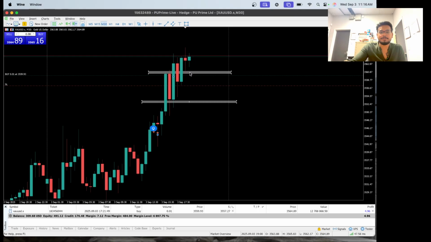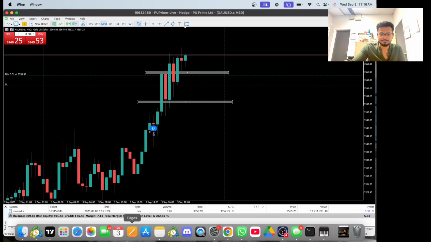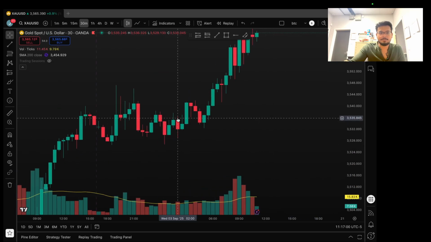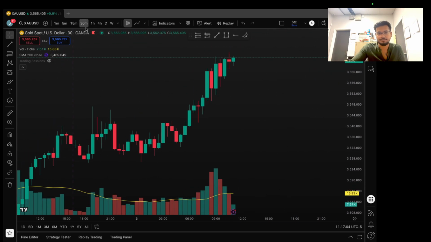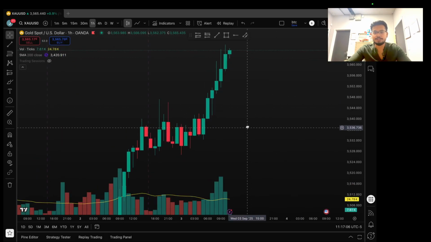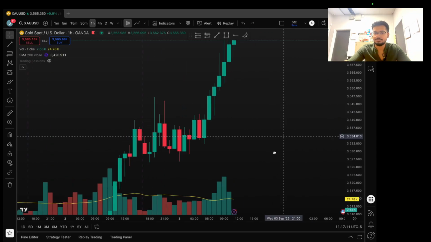Coming back to support and resistance, this here was our previous resistance, and this is where I entered. When it broke this, I entered, and I'm still inside the trade. So we'll see how this goes. So the best way to do this is, let's say if you're on a live chart, go to 1 hour and see what price has done in the past few hours.